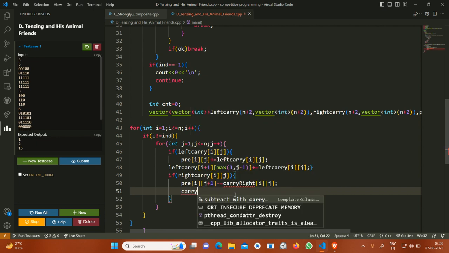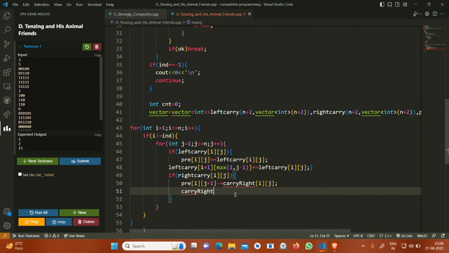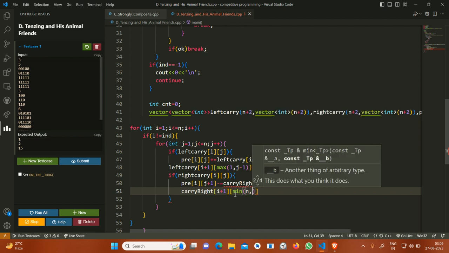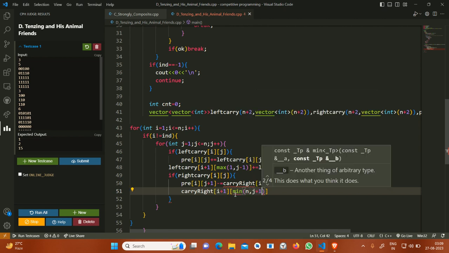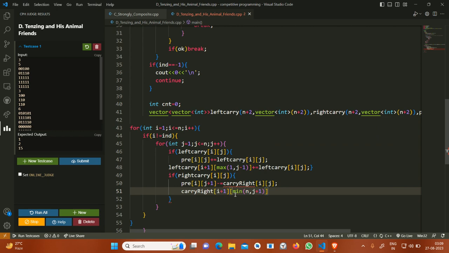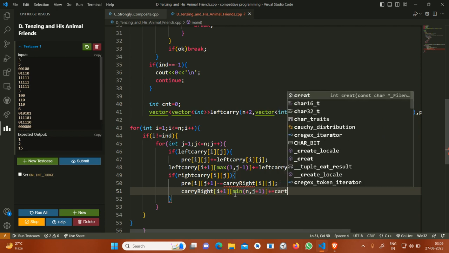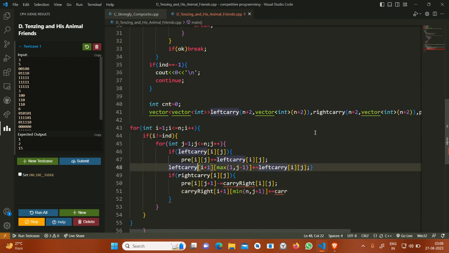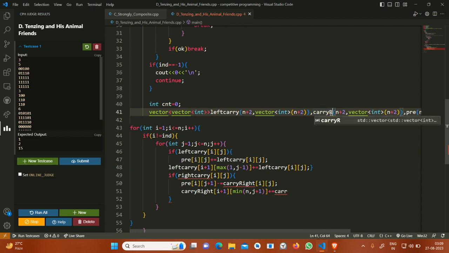Now carry right i plus 1, j, I will have to pass it to the next rows. So minimum of n comma j plus 1 plus equals to carry right, sorry, it should be carry right.